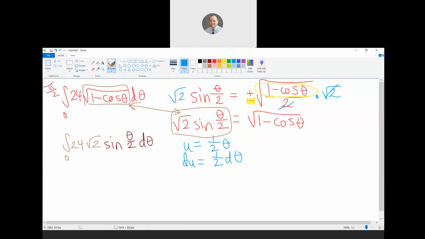Well, we need to plug in just the d theta alone. So get rid of that 1/2 by multiplying both sides of your derivative by 2. So 2 du is equal to d theta.